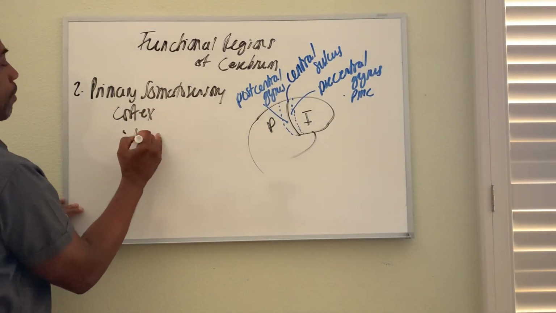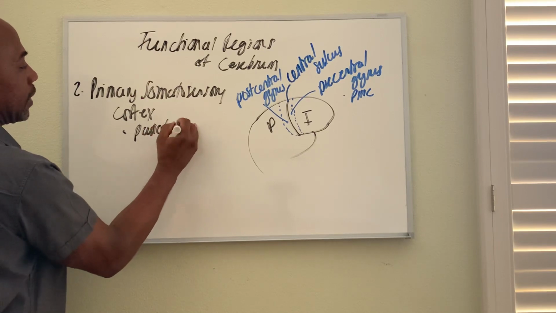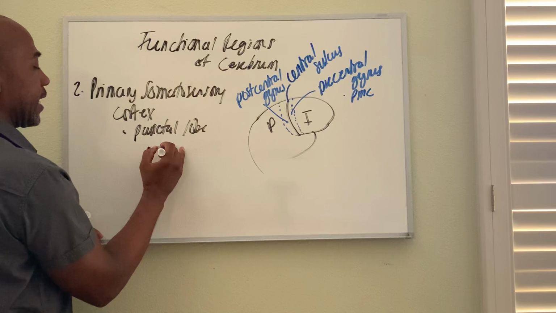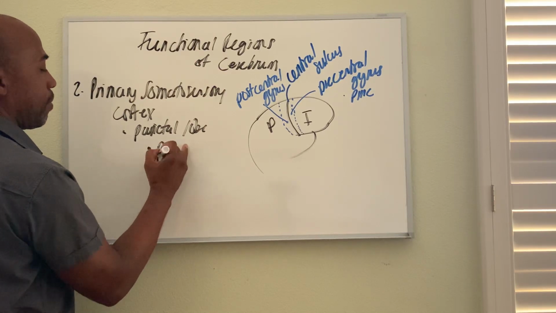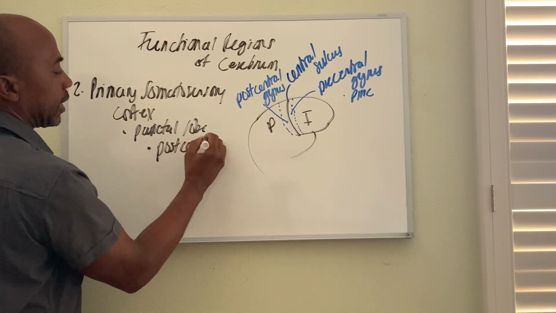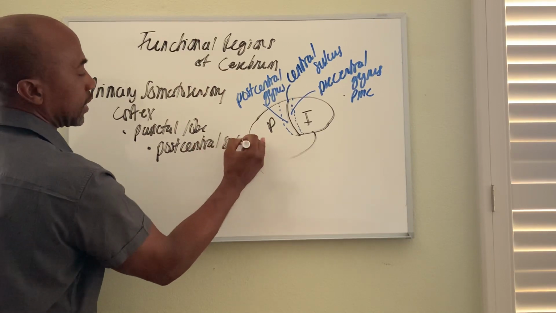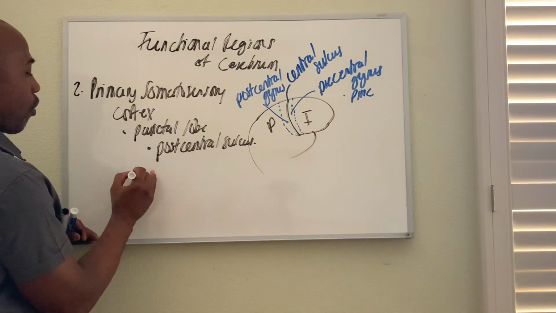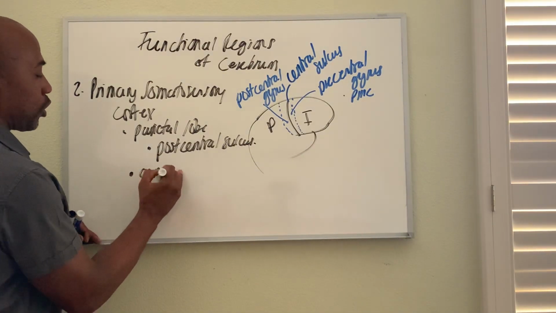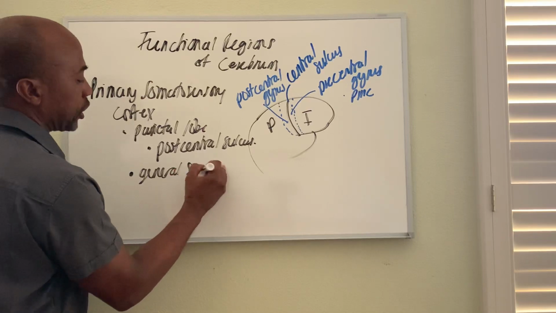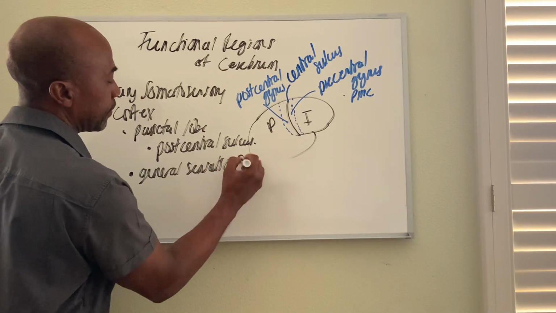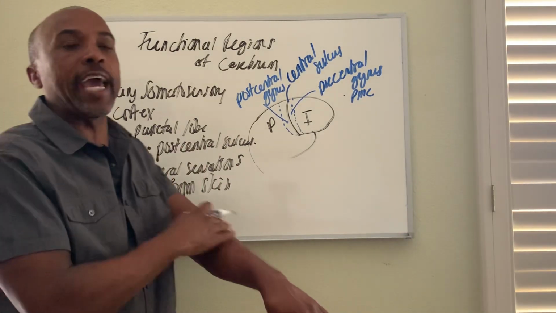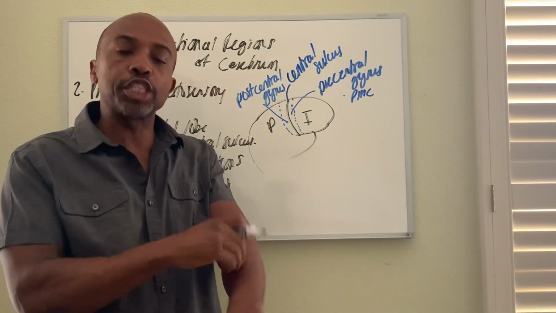This one is in the parietal lobe here and sits specifically in the post-central gyrus. It is responsible for your general sensations that come to the skin, things like temperature of the air, touch, pressure, pain.